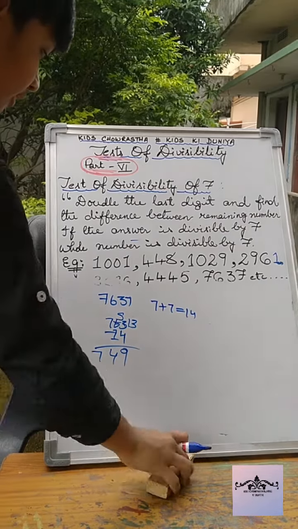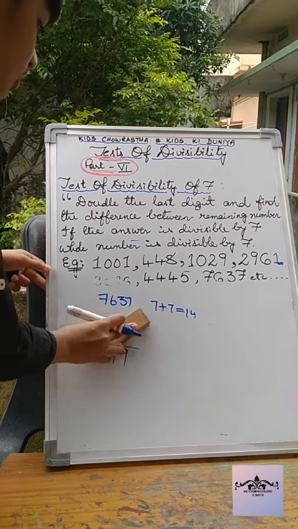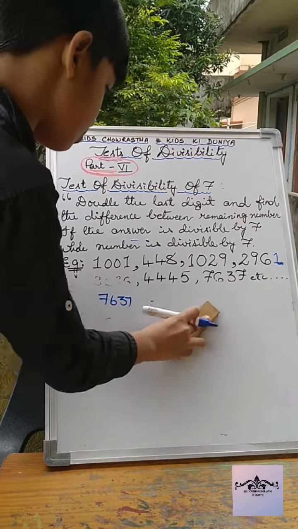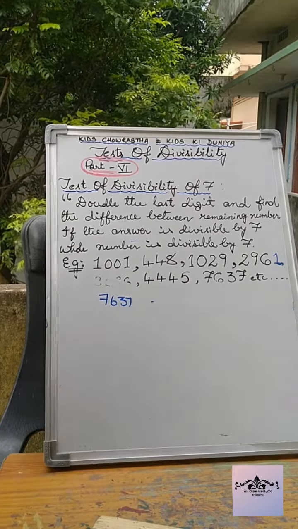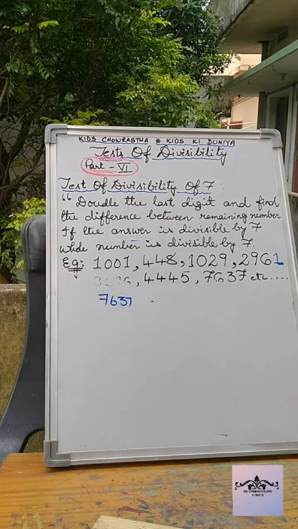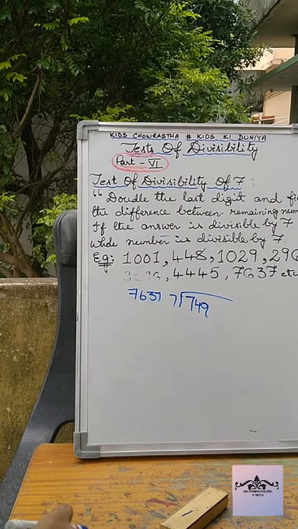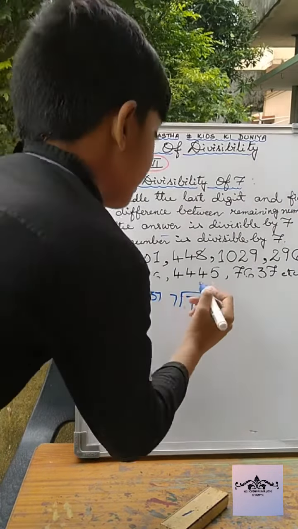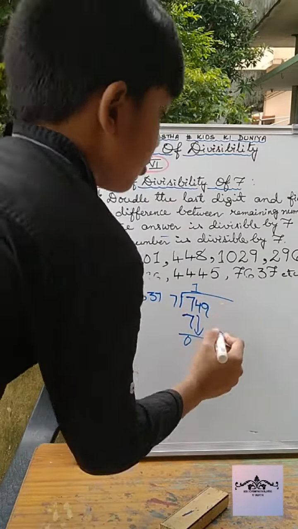So now we are checking whether 749 is divisible by 7 or not. So which number did we get? 749. We are dividing 749 by 7. 7 ones are 7. So 4 we are getting down. 4 is not enough because it's small.